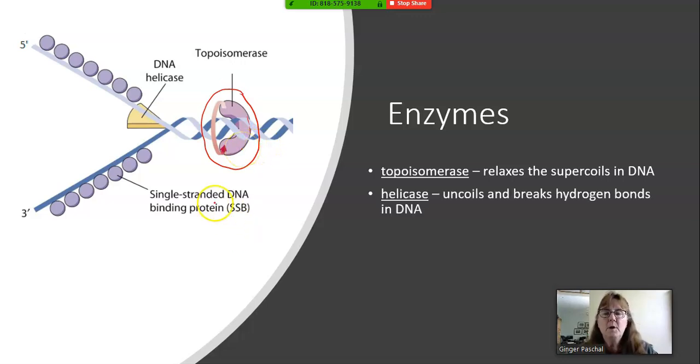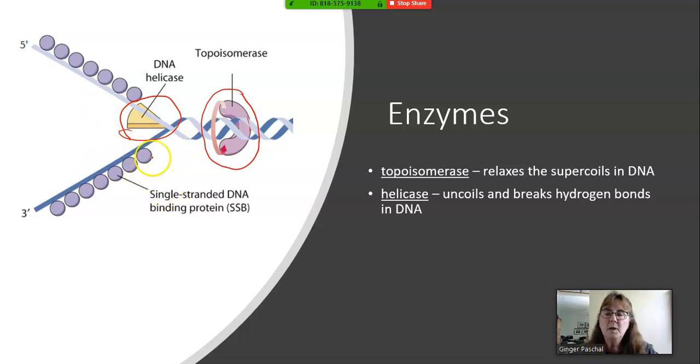The next molecule, as you can see here, is DNA helicase. What DNA helicase does is it works like a wedge between these two strands. It will push between these two strands, and it will do two things. One, it uncoils the double helix, and then it will also break the hydrogen bonds between those two strands, separating them out.